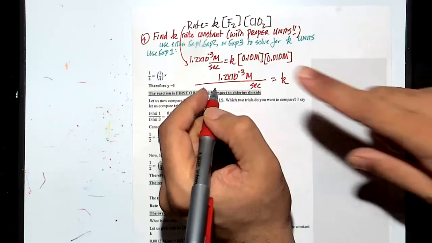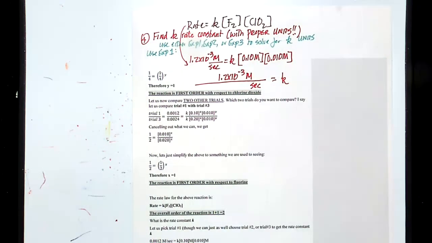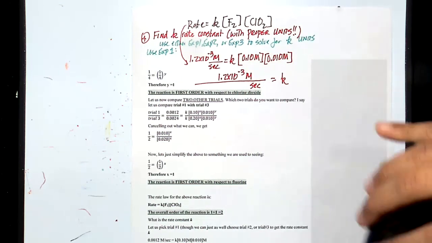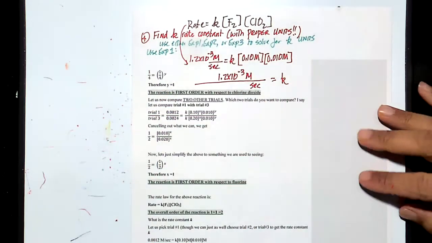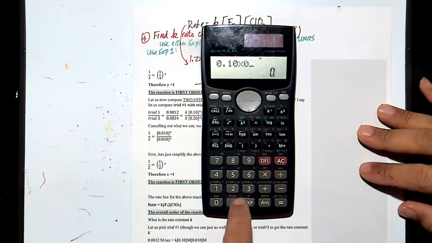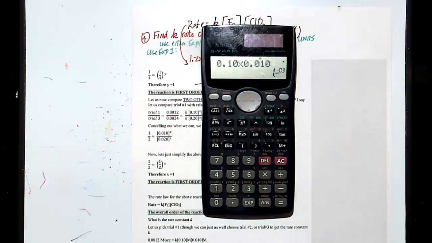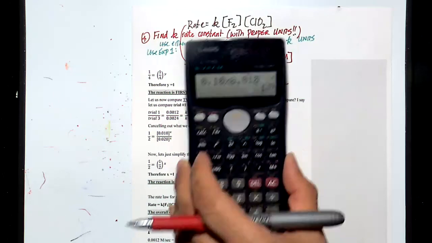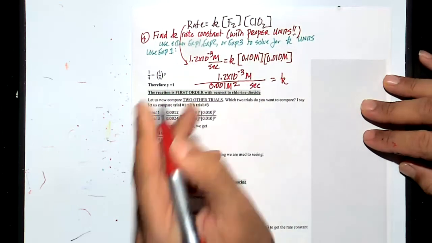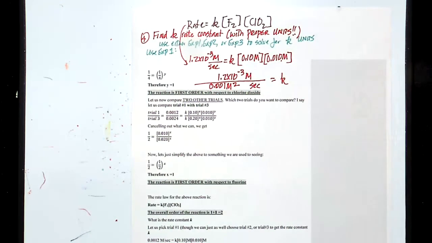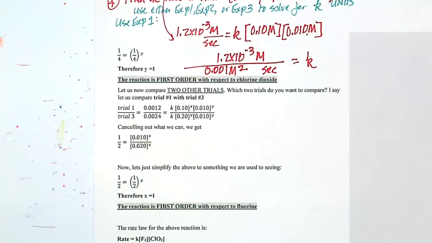What's 0.1 times 0.01? It is 0.001 M squared. M times M is M squared. Everyone see the M squared?